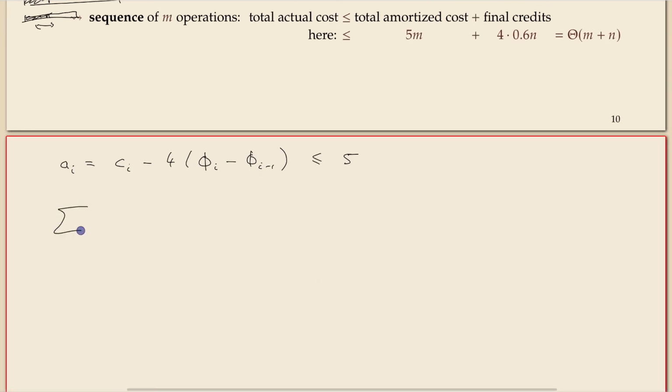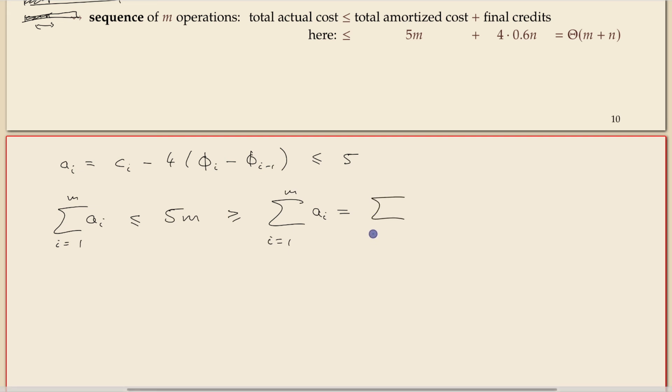And now if you sum up the amortized costs from all operations, 1 up to m, we know that this is at most 5 times m, because they're individually all bounded by 5. And we can rewrite the same sum in a different way by inserting the definition.